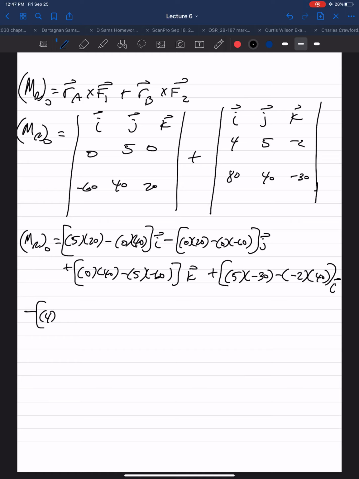So that's 4 times minus 30 minus negative 2 times 80 J. For K, we're ignoring the top row in the third column. So that's 4 times 40 minus 5 times 80 K.